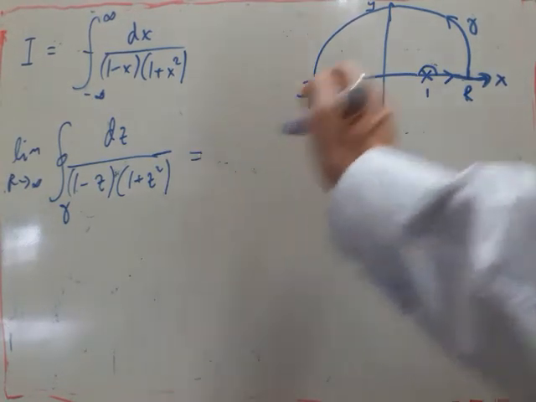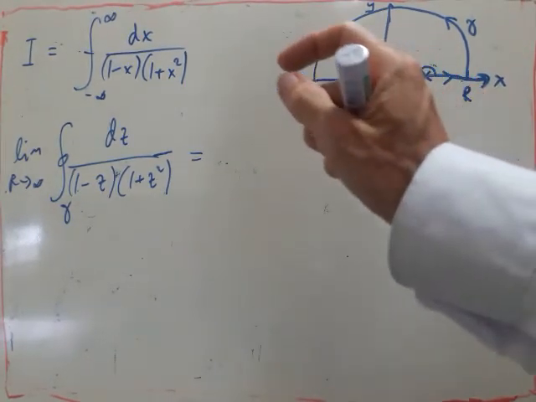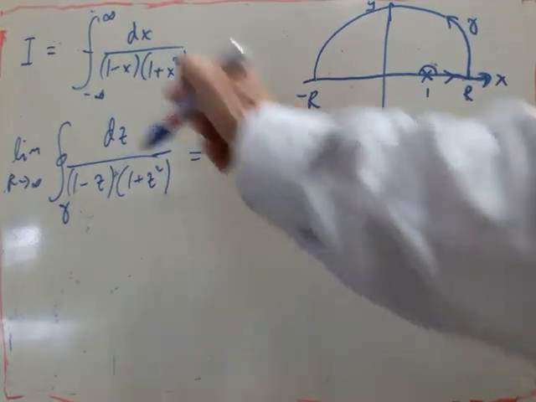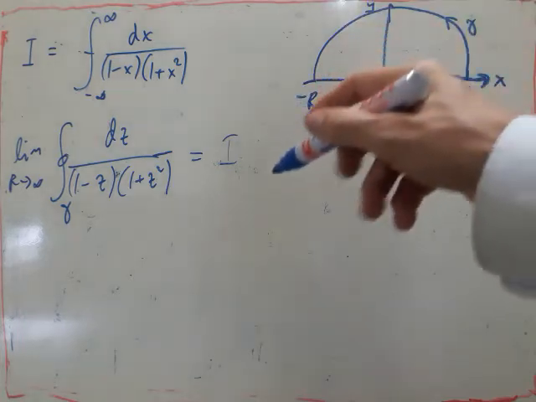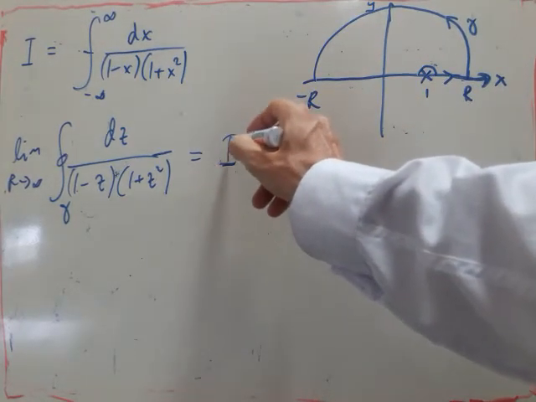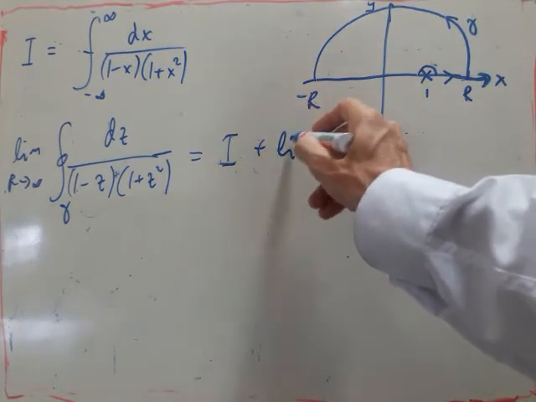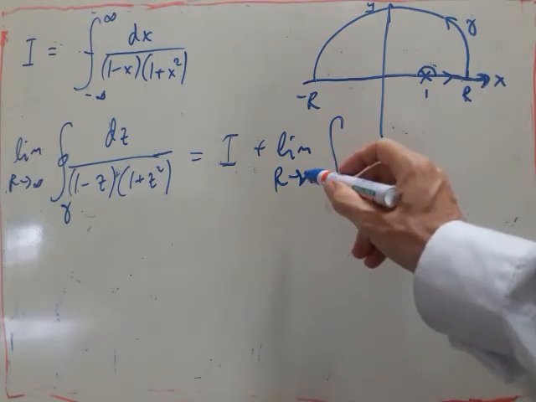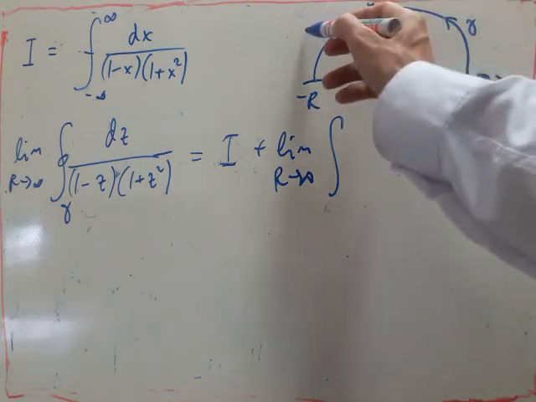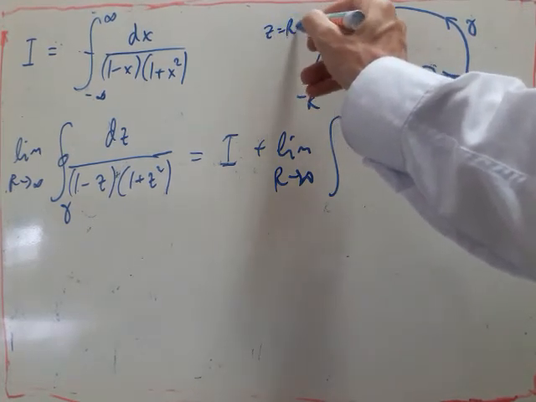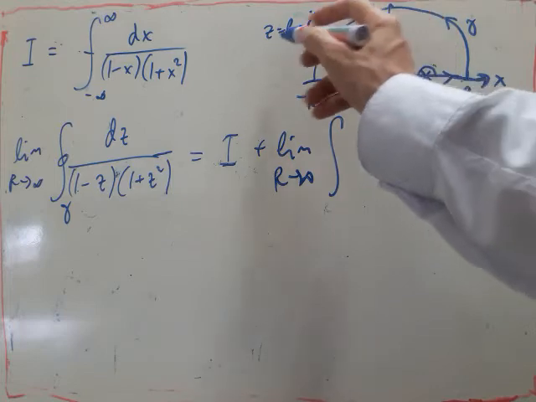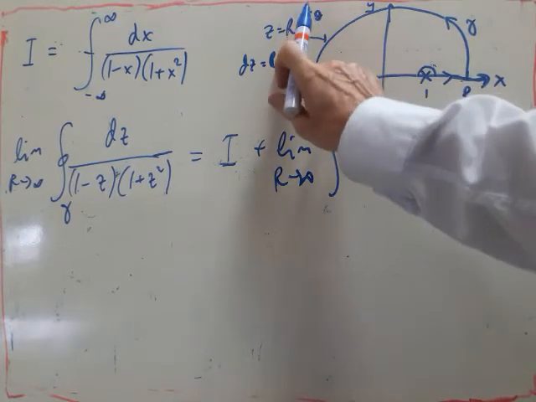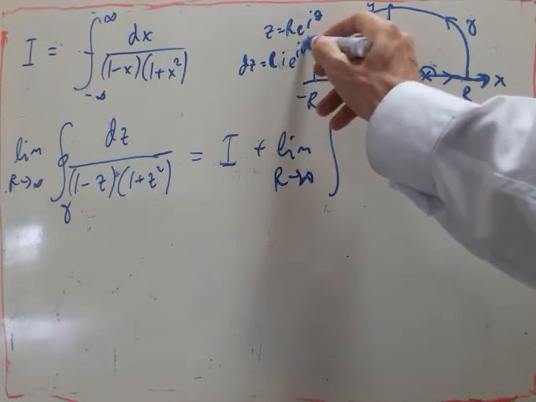Okay, so integrating along here and taking limits as r goes to infinity gives us the integral we want, the principal value of this integrand. Then, using the usual method, it's quick to do. As r goes to infinity, as always, we write z equals r e to the i theta, and so dz is r times i e to the i theta d theta.